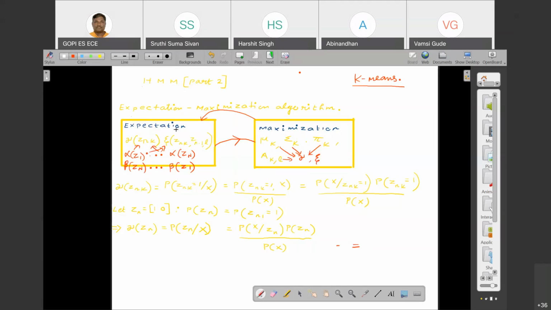And once again, you have to go for expectation, then maximization, then expectation, and then maximization, until the Q value converges. Once the values converge, you have to freeze the values of mu k, sigma k, pi k, and that is the model of your hidden Markov.